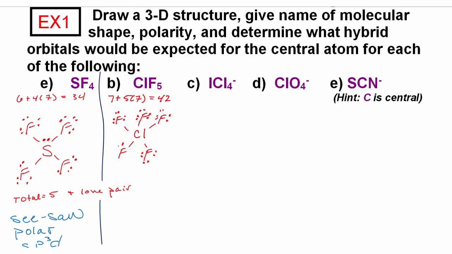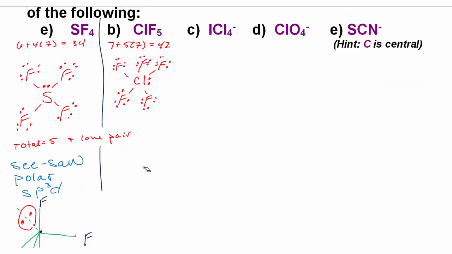Five fluorines, each one has 8. So that's 40 electrons. I'm left with 1 lone pair on that chlorine. To figure out the rest of this, I like to draw the electron pair arrangement. I know that my total is 6. So I'm going to draw octahedral.